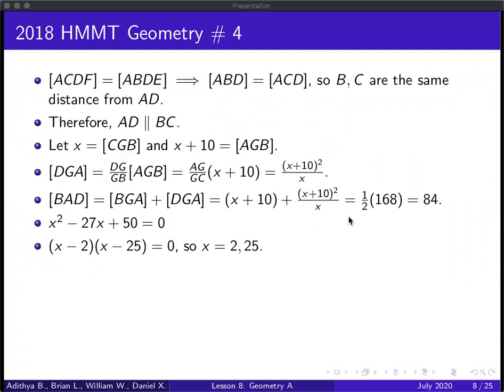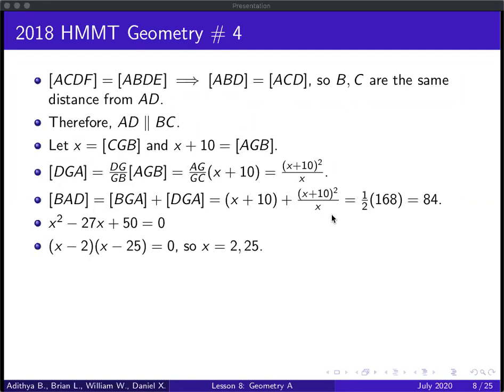Well, it's the area of ACD plus the area of ABC, and all of these areas we know. ACD is half of the area of ACDF.